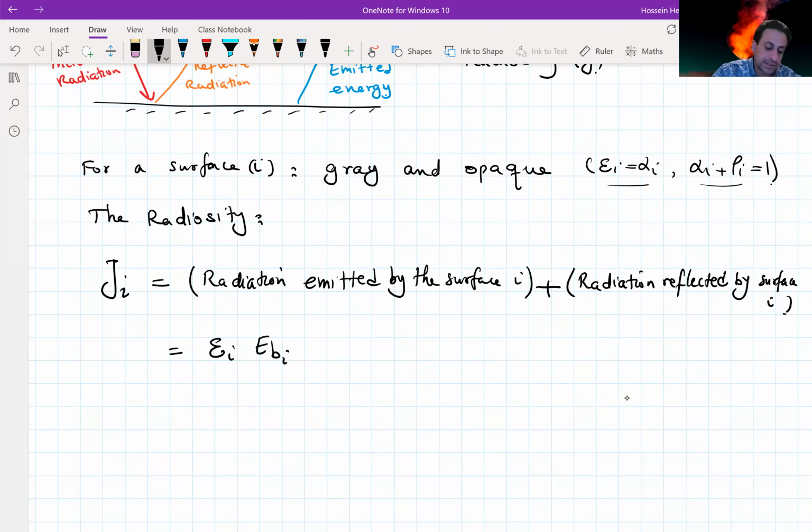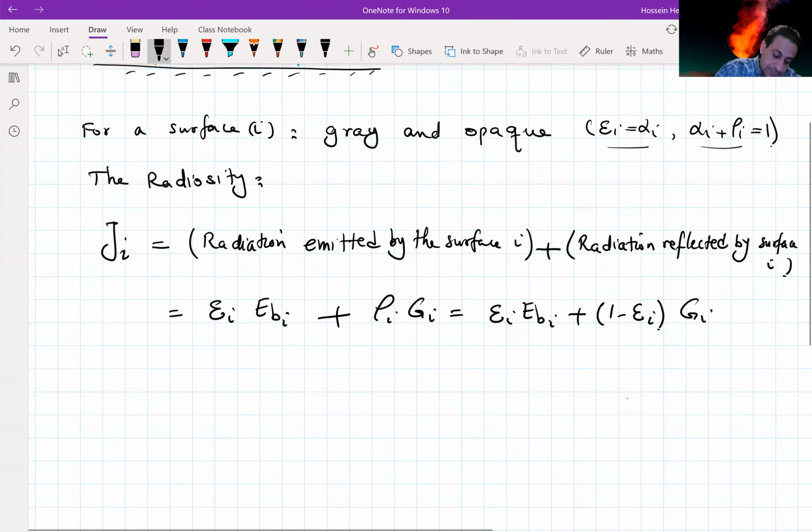I indicates the surface that we are looking at, and reflectivity rho I times GI, the incident to that surface. So it's going to be epsilon I EBI, and since this is gray and non-transparent, rho I is going to be 1 minus alpha I, or 1 minus epsilon I, times GI.